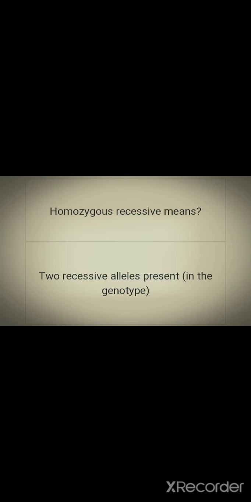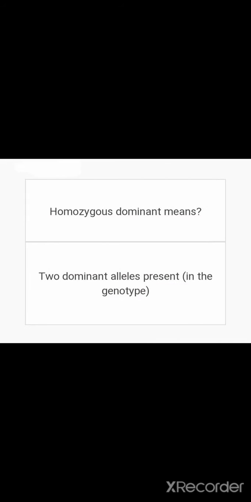Then what does homozygous recessive mean? It means two recessive alleles present in the genotype. Then next question is, what does homozygous dominant mean? And the answer is, if two dominant alleles are present in the genotype, they are said to be homozygous dominant.